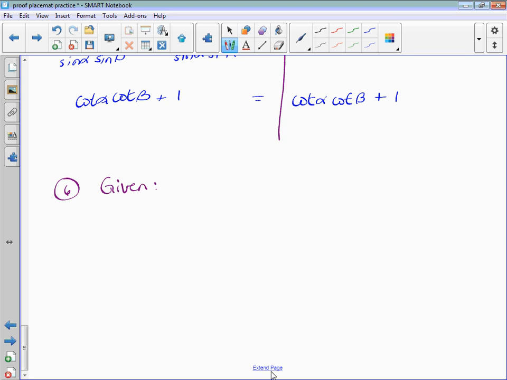Okay, you are given that the sine of alpha equals 3/5, 0 is less than alpha is less than pi over 2. This is really not bad. It looks scary. It's not. Cosine of beta is 5 over 13, 0 is less than beta is less than pi over 2.